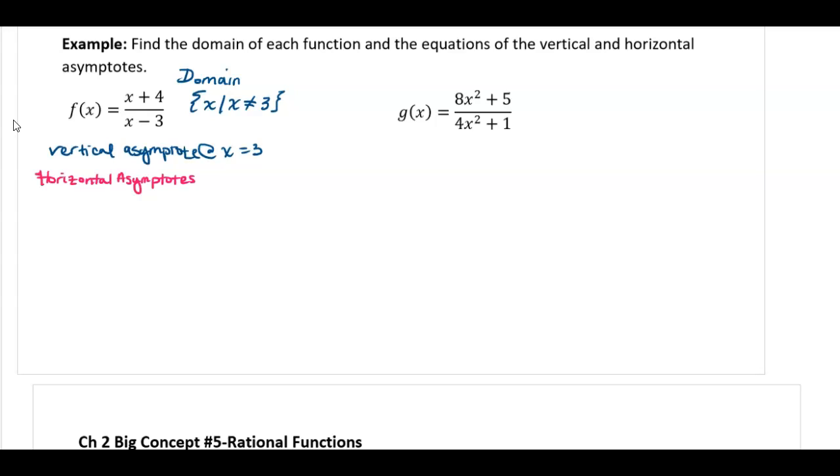Now for your horizontal asymptotes, we're going to do the limit approach. So let's go ahead. We'll have a table. We have x, we have y. And let's just choose some pretty far out numbers.